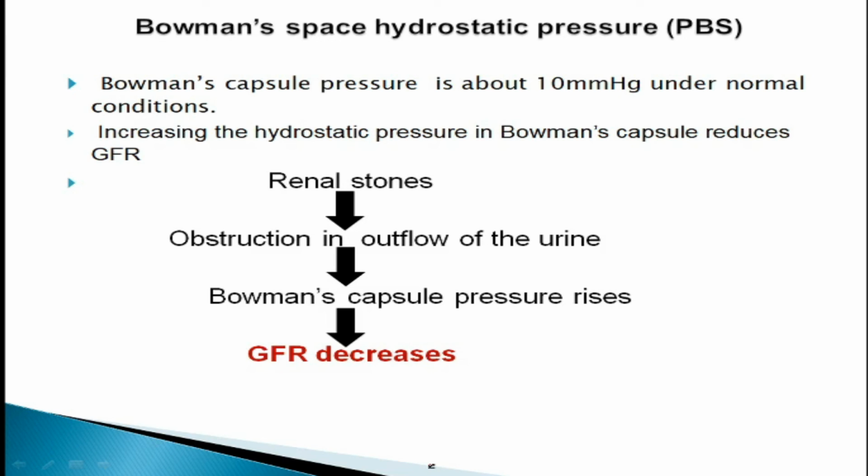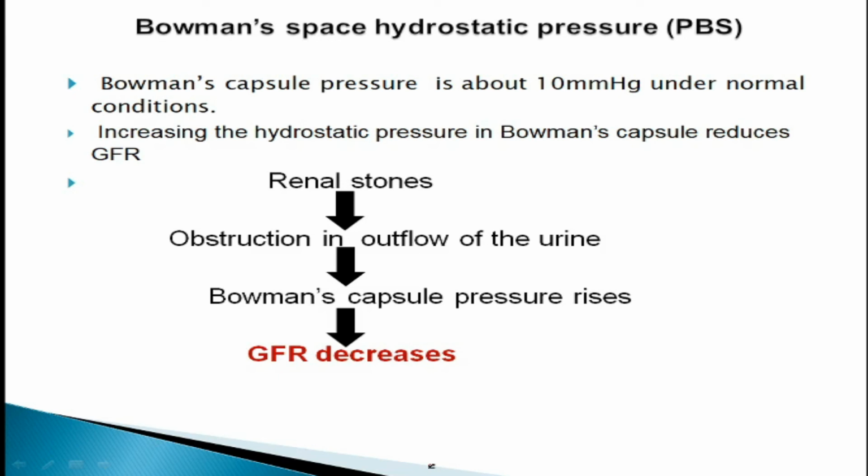But under certain conditions, as you can imagine, such as renal stones obstructing the outflow of urine, this obstruction will cause back pressure effects, ultimately blocking the pelvis and then the nephron segments, the tubular segments, and will be reflected as a raised pressure in the Bowman's capsule.